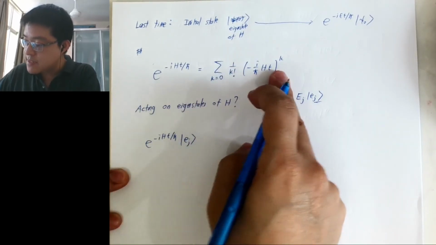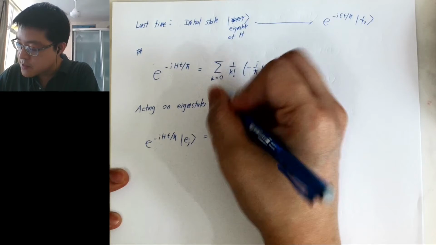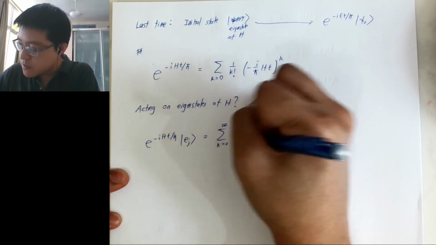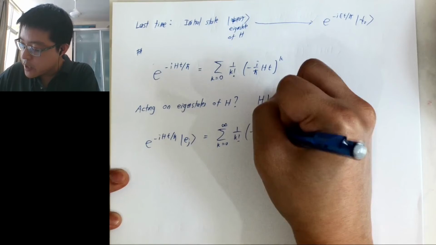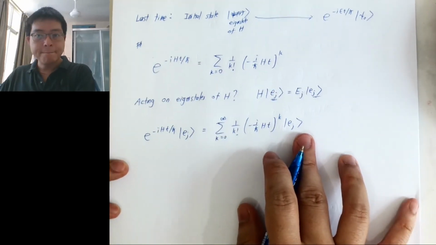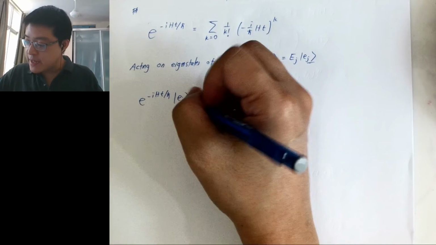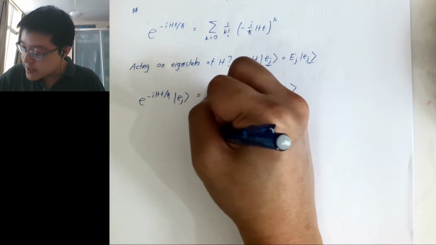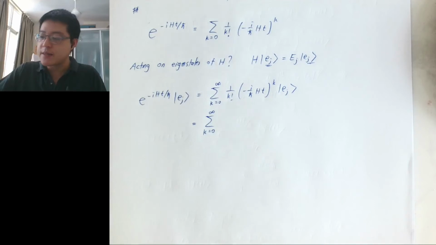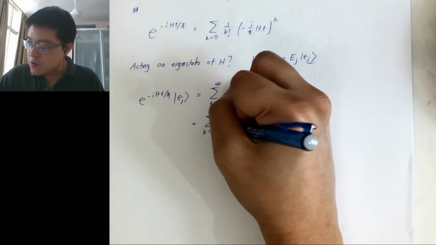It just means that this series acts on the eigenstate. So it's this series, 1 over k factorial, i over h bar Ht, k times, acting on E_j. Again, we are not really doing anything special. The only new thing is that we manipulate things in a way that we didn't do last time.